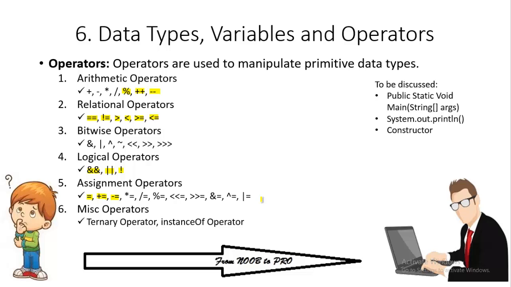When the requirement comes, we will understand these operators. Okay, now two unique operators are there in Java. One is the ternary operator and the other is instanceof operator. We will come to these later because we need more information about Java to understand these two operators. So for now, let's not get into these.